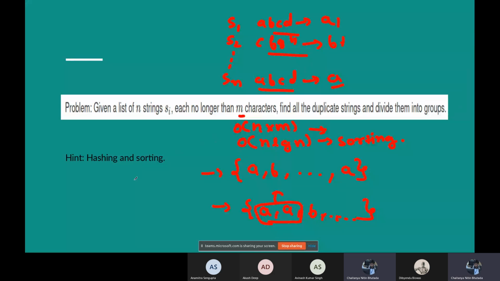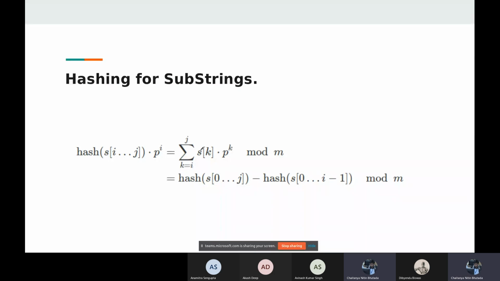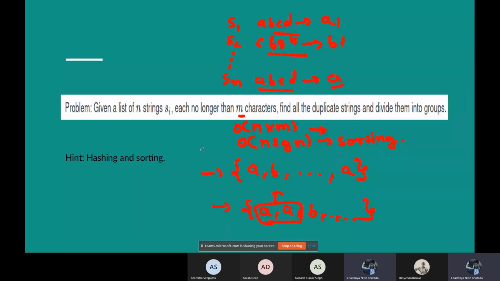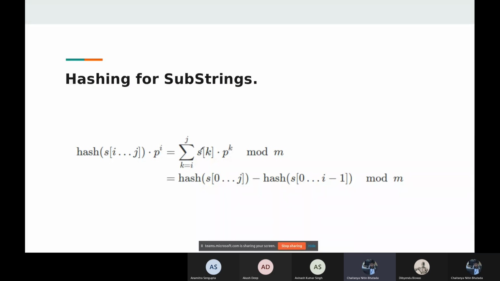So is it clear, or should I say it again? Okay. So we talked about hashing of a string.